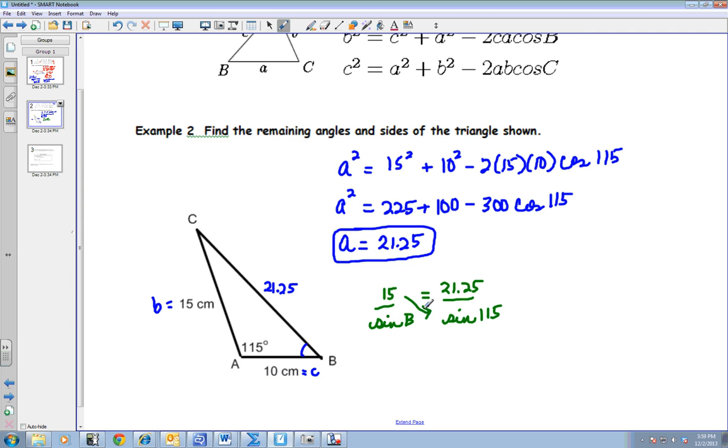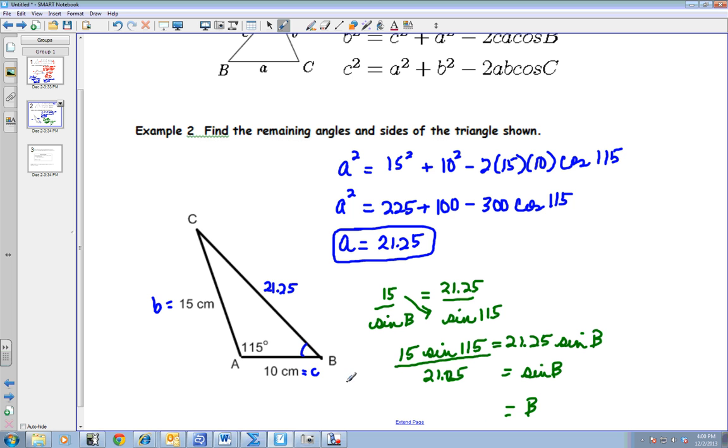Cross multiply. 15 times the sine of 115 equals 21.25 times the sine of B. So sine of angle B would equal 15 times the sine of 115 divided by 21.25.